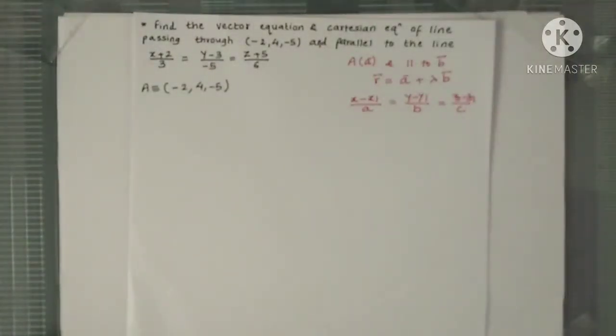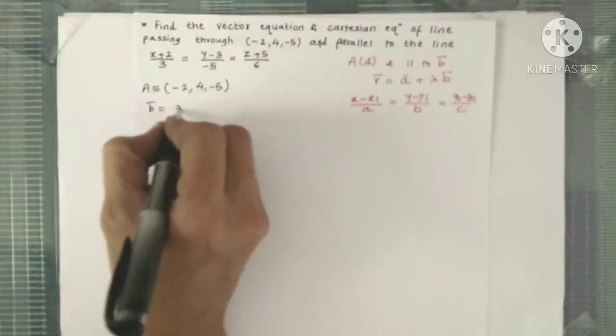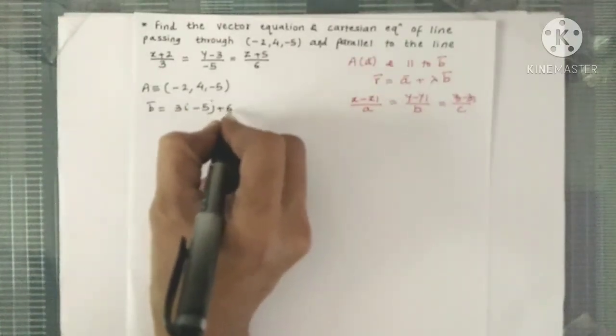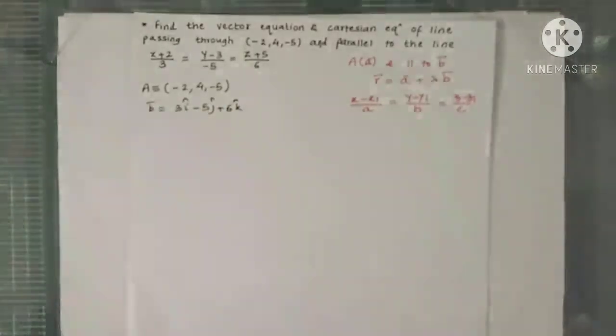So the line which is parallel to this line also has one of the sets of direction ratios as 3, -5 and 6. That means B bar is 3i - 5j + 6k. So now we have point A and vector B bar, so we can write the equation.